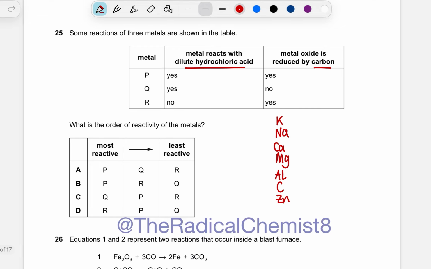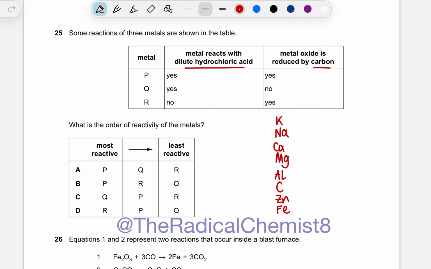So this is part of a simple reactivity series. So normally we introduce elements like carbon and hydrogen in there to identify the different sections of this reactivity series. So normally the more reactive metals are at the top, and these are usually extracted from their ores using electrolysis.